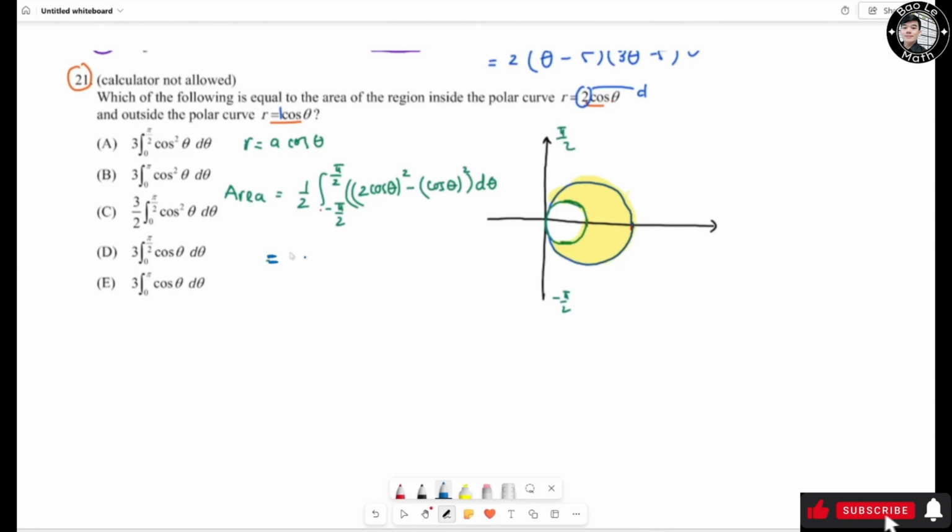So it's going to be 2 times 1/2 integral from 0 to pi over 2 of 3 cosine squared theta d theta. We're going to simplify this one. Bring 3 to the front: 3 times the integral from 0 to pi over 2 of cosine squared theta d theta, right? So the answer must be A.